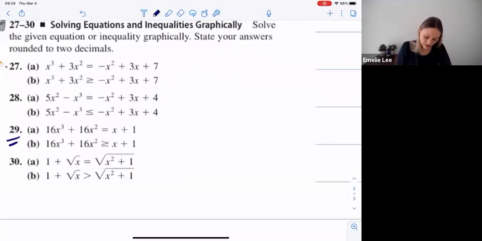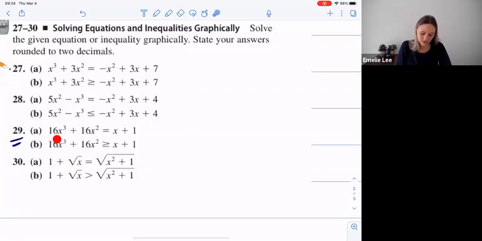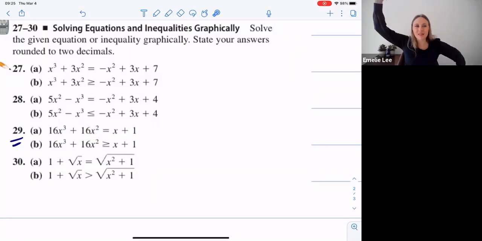So what I've got here is 16x to the power of 3 plus 16x squared. When does it equal x plus 1? Okay, so first thing I want you to do is get an idea of what you expect this left-hand side to look like. Well, x to the power of 3, I know it looks like this, right?